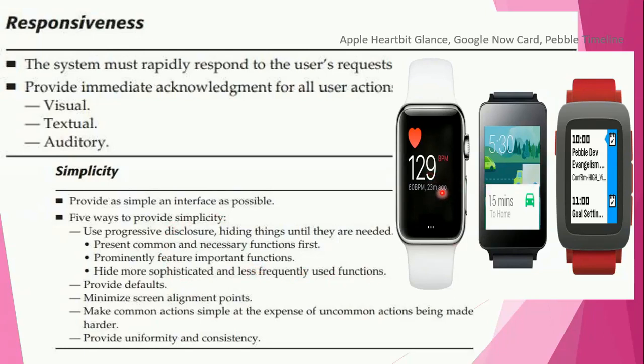If the user has personalized the system and hides certain elements, that has to be reflected at the back end also. So provide defaults. For a smartwatch, displaying the time on the screen is a default function. The rest of the things may be personalized, but displaying the time is a default function. And when you are showing any contents on the screen, provide uniformity and consistency in every screen.